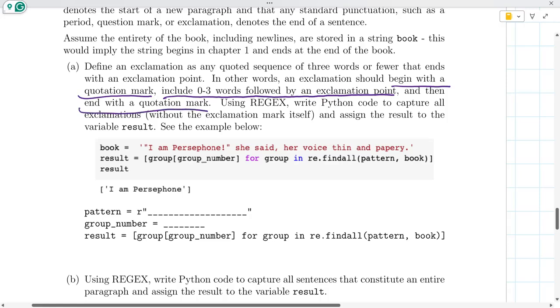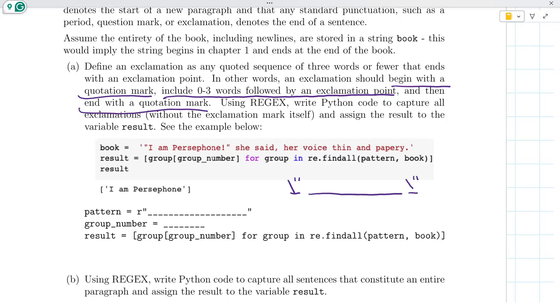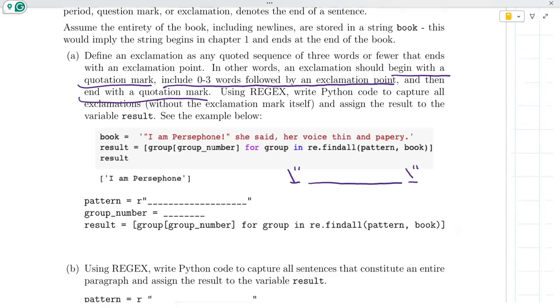Okay, it's helpful that they have given us such an amount of information because then we can go back to the previous trick we had before, right? Which is just write down sub-patterns and fill it out slowly based on the criteria we need. So for example, beginning with a quotation mark and ending with a quotation mark is conspicuous, as in it's backslash and then double quotation mark. Okay, now we have to figure out the middle part, which is include 0 to 3 words followed by an exclamation point.